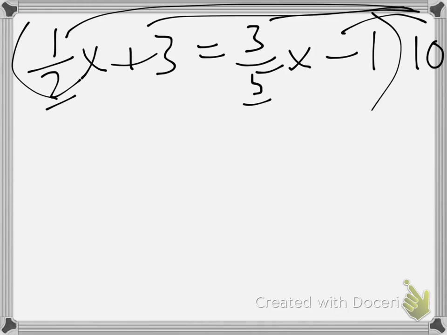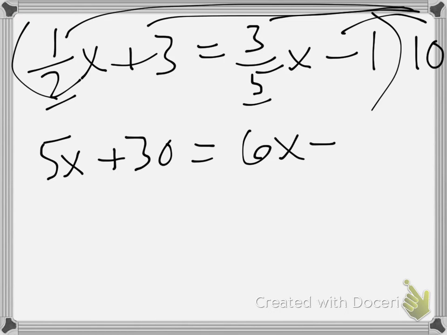So 10 times 1/2 x is 5x plus 30 equals 10 times 3/5. Well, 10 times 3 is 30, 30 divided by 5 is 6x, and then minus 10. So when you get rid of the fractions, you have to multiply by that common denominator on everything, not just the fractions. Now you have all whole numbers.